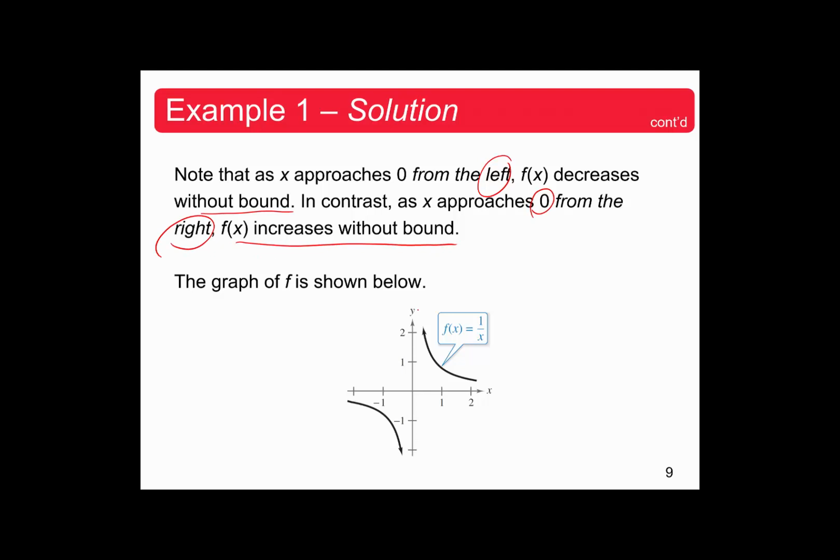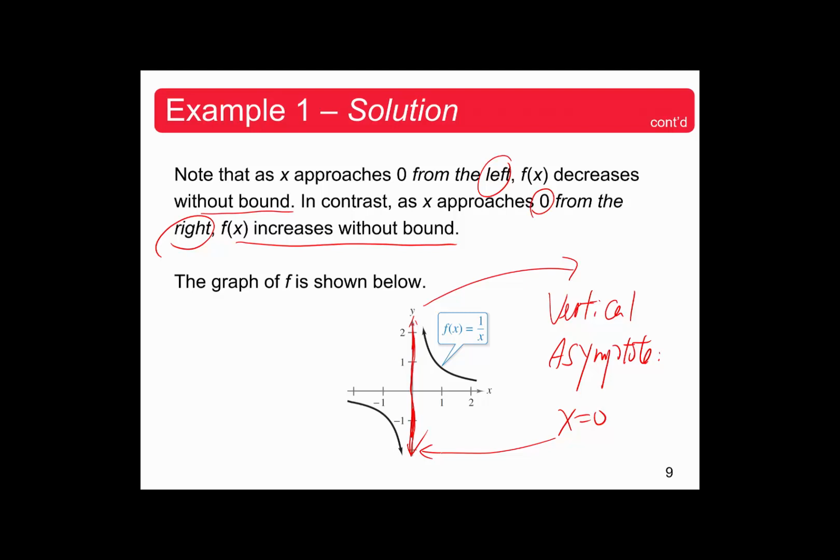So x equals 0, which is the y-axis here, is what we call the vertical asymptote. X equals 0 is the same thing as the y-axis. So that's how we find a vertical asymptote, by setting the denominator equal to 0.